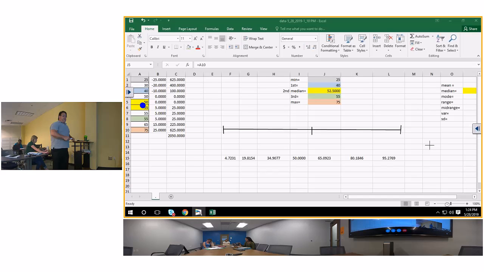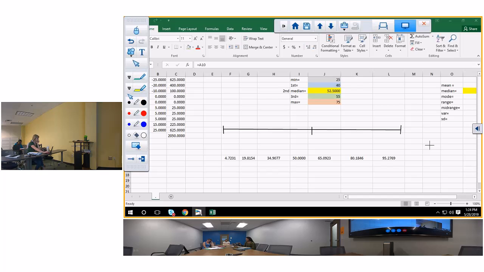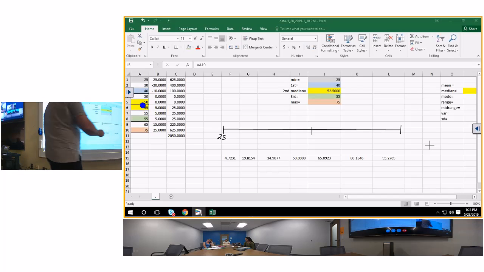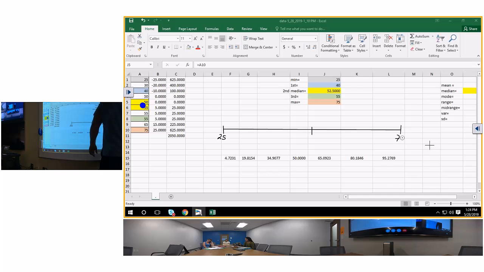So what's the min? 25? So the 25 goes here. 75 goes here. And what's the mid-range? 50.